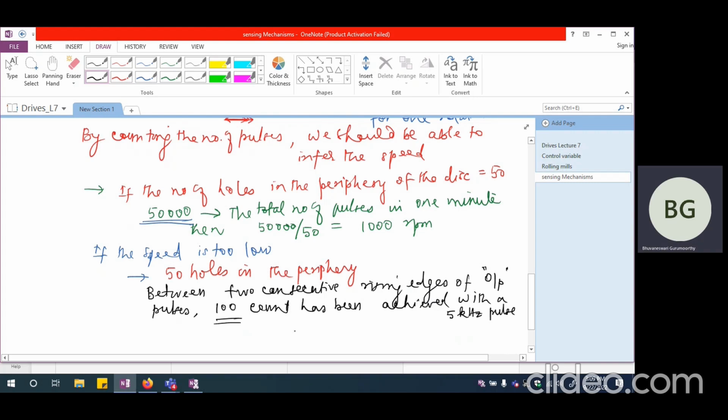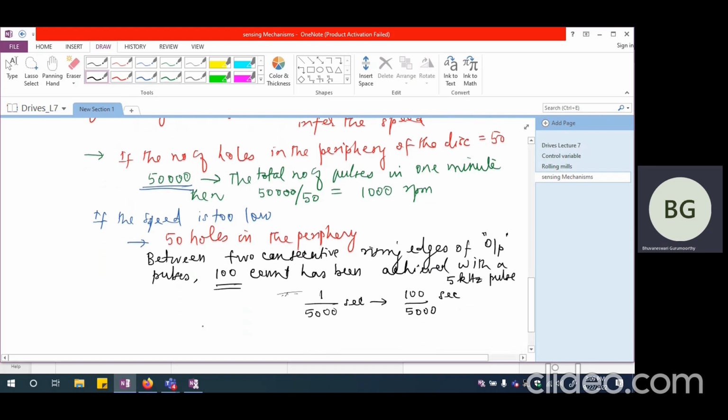For a 5 kilohertz frequency pulse, for two consecutive pulses, the time period will be 1 by 5,000 second. So for 100 pulses, it will be 100 by 5,000 seconds. This is the time interval that I must have gotten.